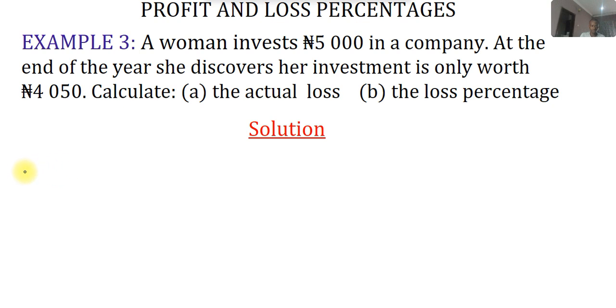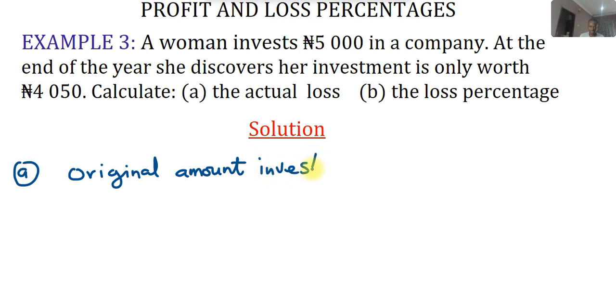Let's take the first one, that's A. We have the original amount invested is 5,000 naira.